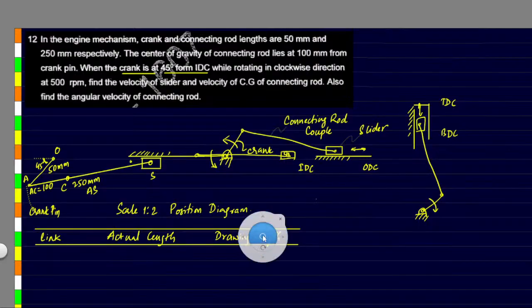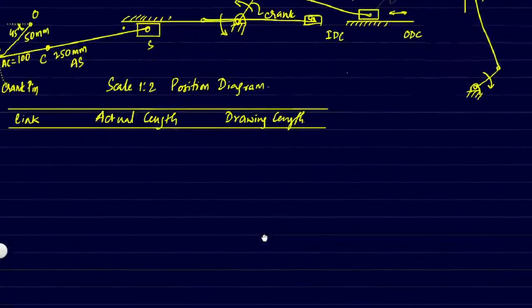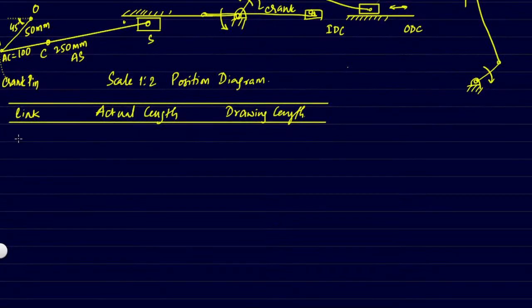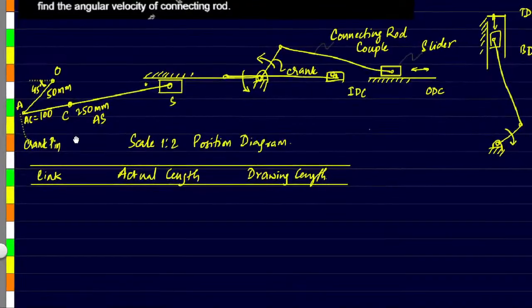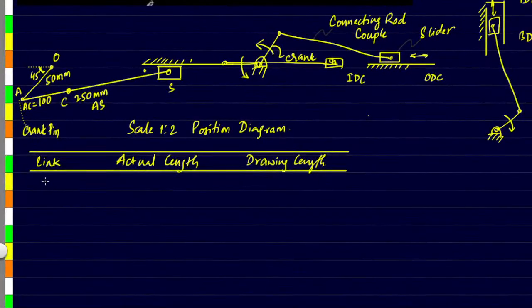Because we have taken the scale as 1:2, all the lengths will have to be halved in the drawing length. So let us start. First is the crank, the name is OA. Actual length is 50 mm, and its drawing length we will take as half, so we will draw it as 25.